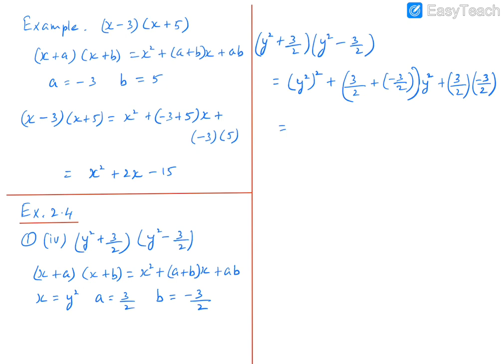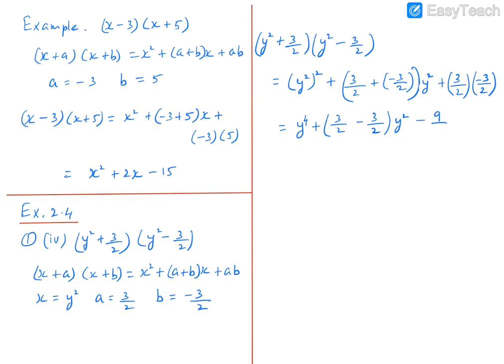Y square the whole square is y power 4. Now we have 3 by 2 plus minus 3 by 2 into y square. So it's plus 3 over 2 plus minus 3 by 2, which is 0, times y square. And now we have this product, 3 into minus 3 and 2 into 2. So 3 by 2 into minus 3 by 2 will become minus 9 by 4.